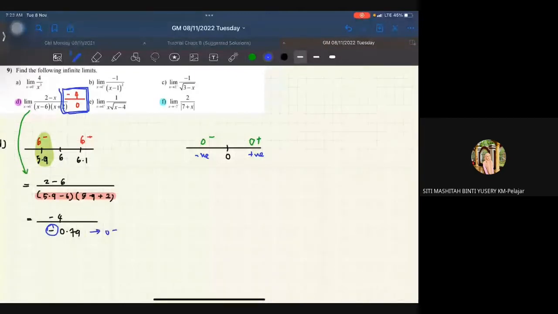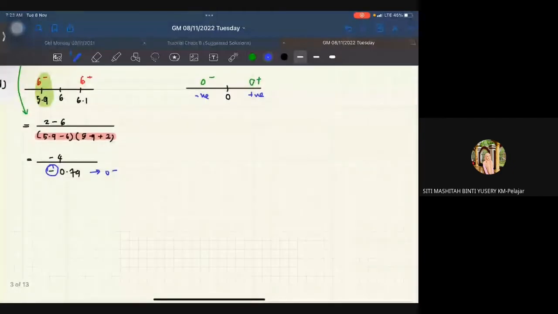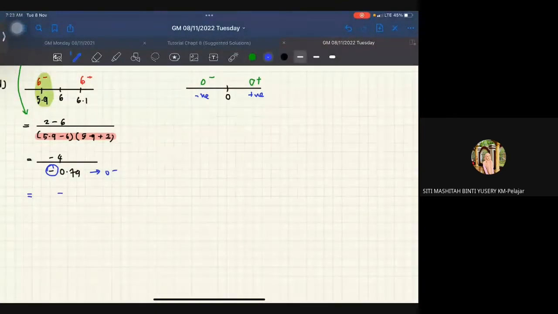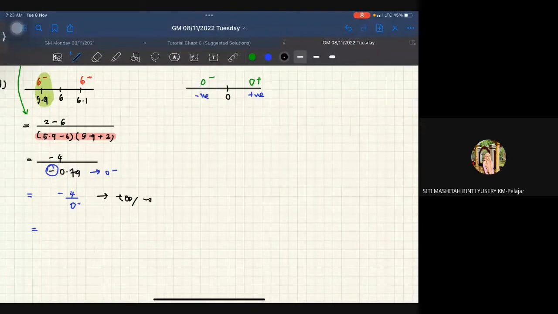Okay, so I rewrite this one back. So saya ada negative 4 over 0 minus. Okay, so I have negative 4 divided by 0 minus. Saya nak tengok dekat sini, jawapan saya, it's either positive infinity or negative infinity sahaja.